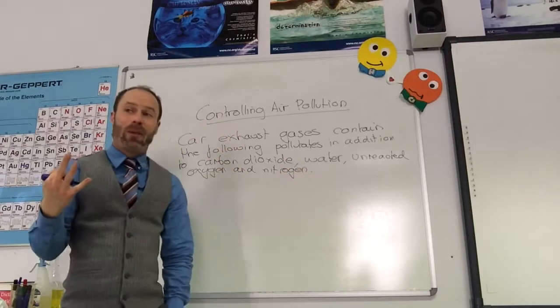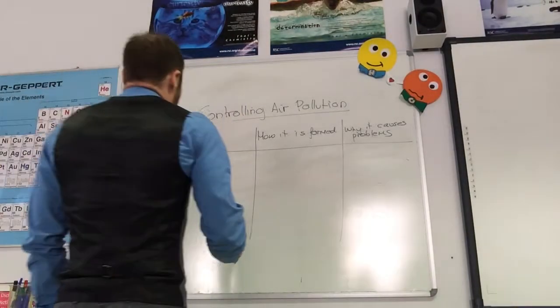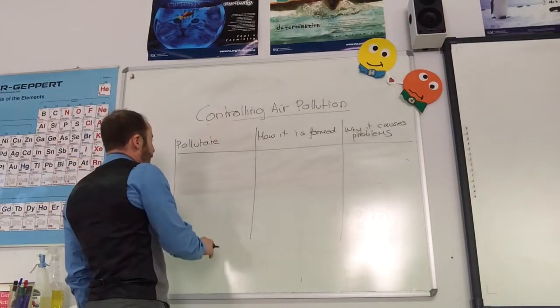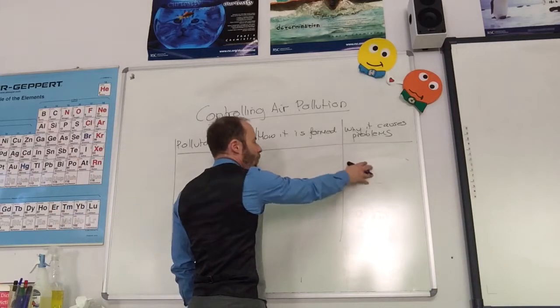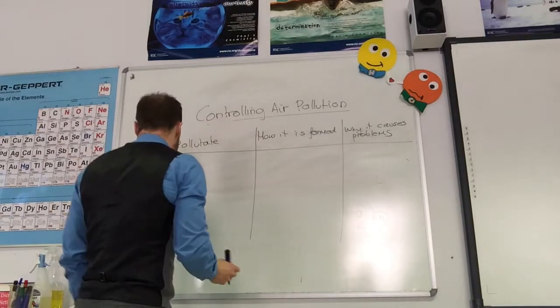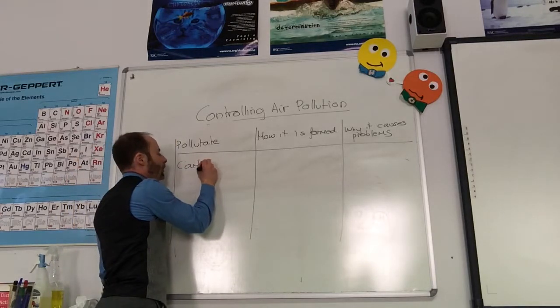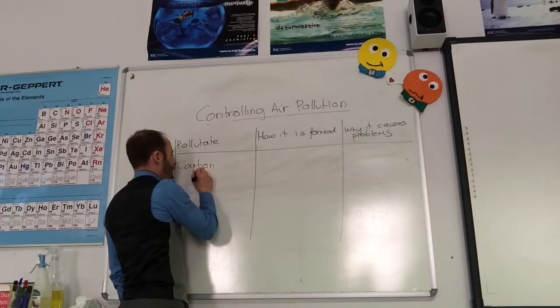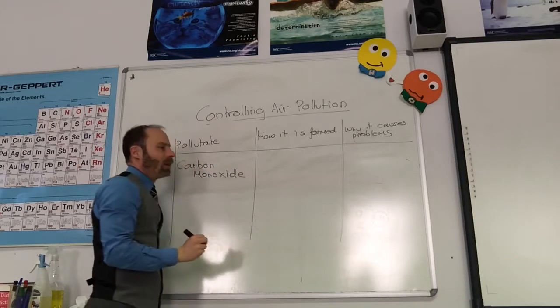So there's three pollutants we need to look at, so we'll fill out a little table: the pollutant, how it is formed in the car engine, and why it causes us problems. The first one is one that I'm sure you're familiar with from GCSE, and that is carbon monoxide.